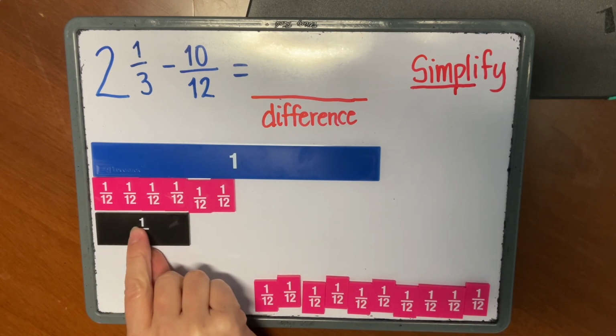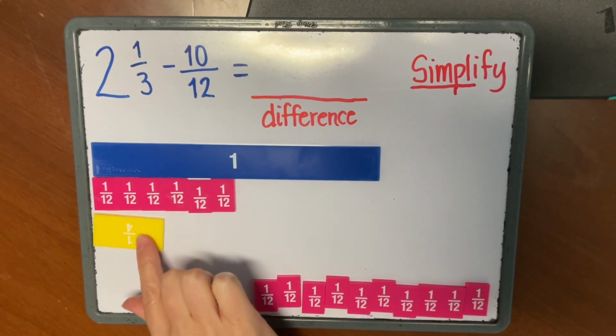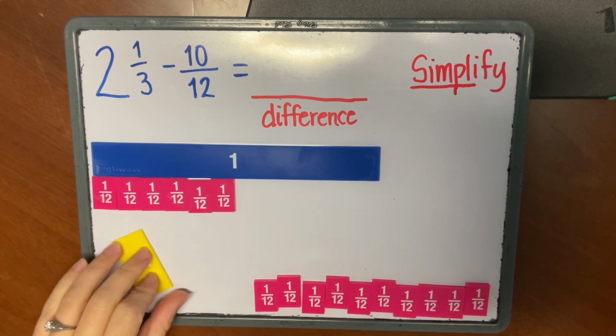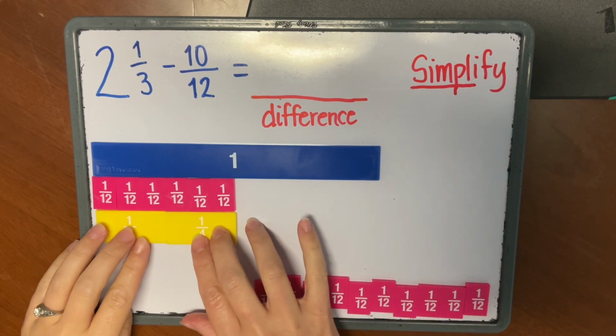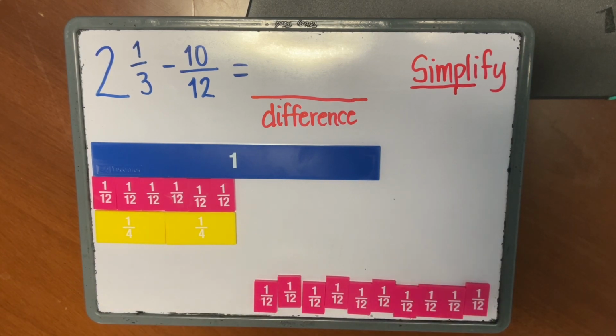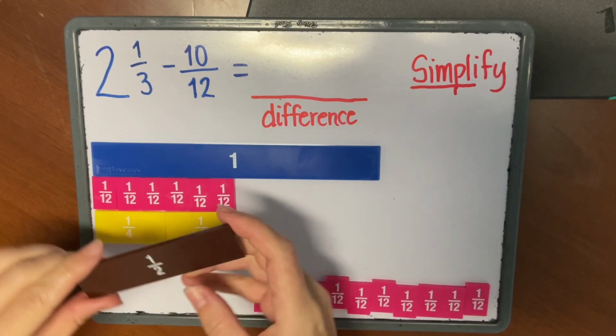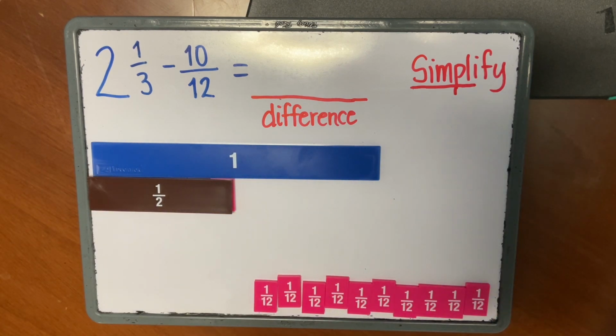Does that match a 1/3? No. Does it match a 1/4? Ooh, I might be able to do 2 4s. What do you think it matches that can be the simplest, the least amount of fraction tiles? Have you figured it out yet? If I look, 1/2 is the same as 6 12ths.